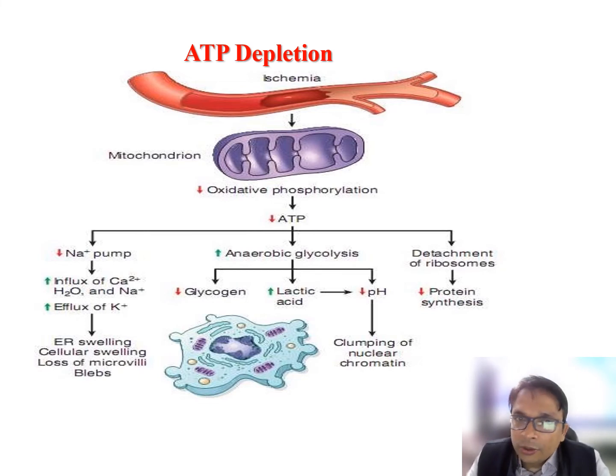This lactic acidosis, I told you, for the aliveness of the cell and normal physiological functioning of the cell, it will require a neutral pH. Now, if pH is reduced, it becomes acidic. That results in clumping of proteins and chromatin. Nuclear clumping will be there. Because of that, your nucleus gets damaged, proteins get damaged, ultimately resulting in cellular injury.